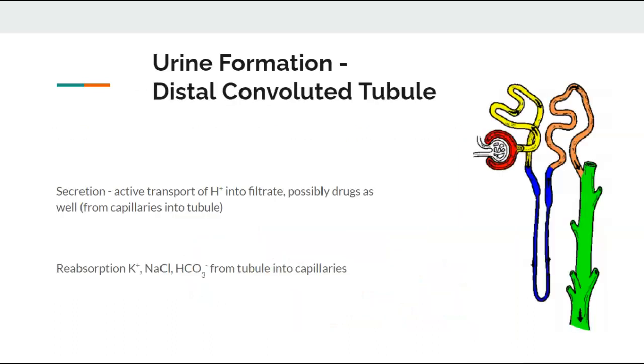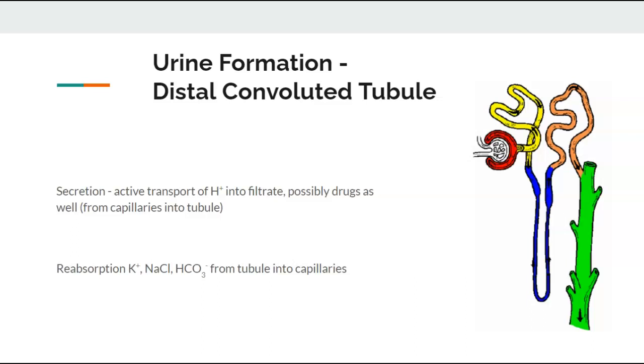All right, the distal convoluted tubule, this is this orangey one over here. This is active transport of hydrogen ions into the filtrate, possibly drugs as well. So this is where the secretion happens, not reabsorption, because obviously you're not constantly on drugs, or you shouldn't be, but this is where that would happen, and reabsorption of different ions, different salts from the tubule into the capillaries.